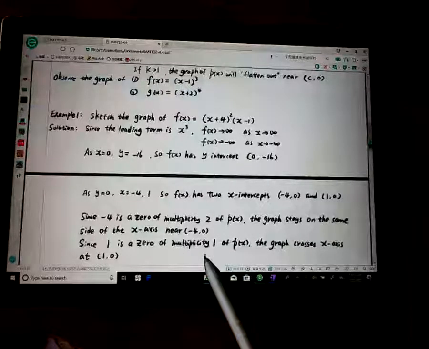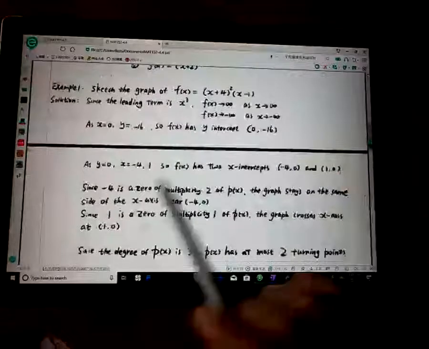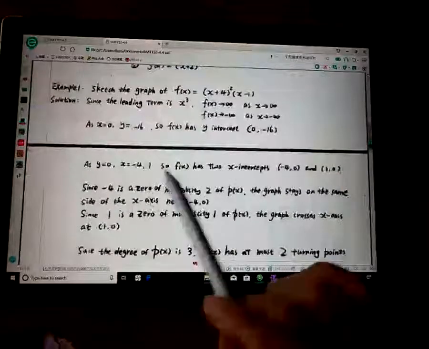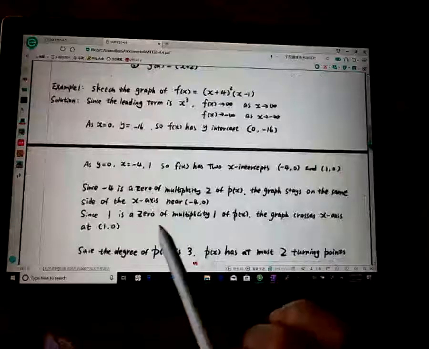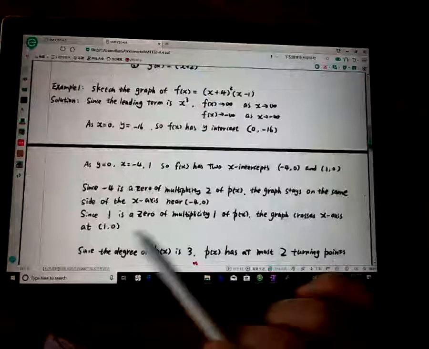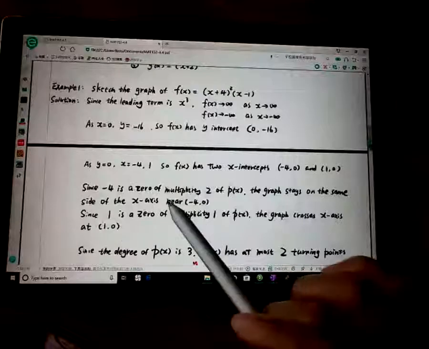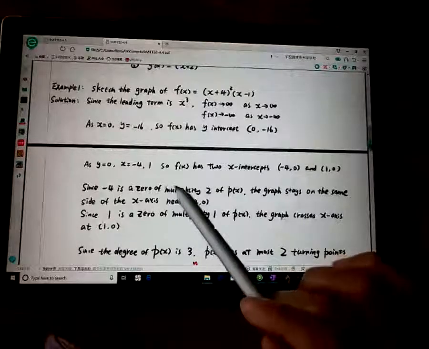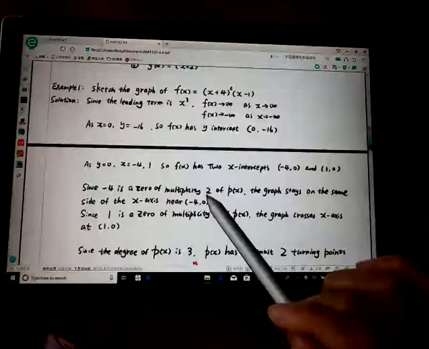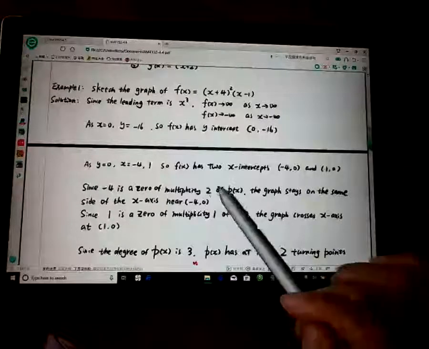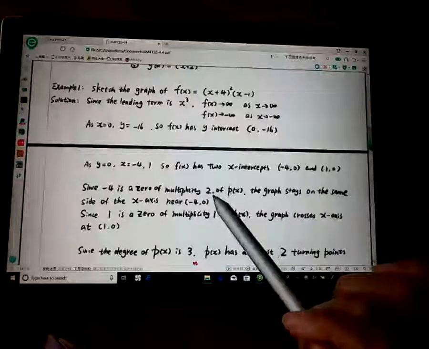Then the graph of the function would cross through the x-axis at (1, 0), and touch and bounce back at (-4, 0), because -4 has a multiplicity 2. 2 is even. Do you see what I'm saying?